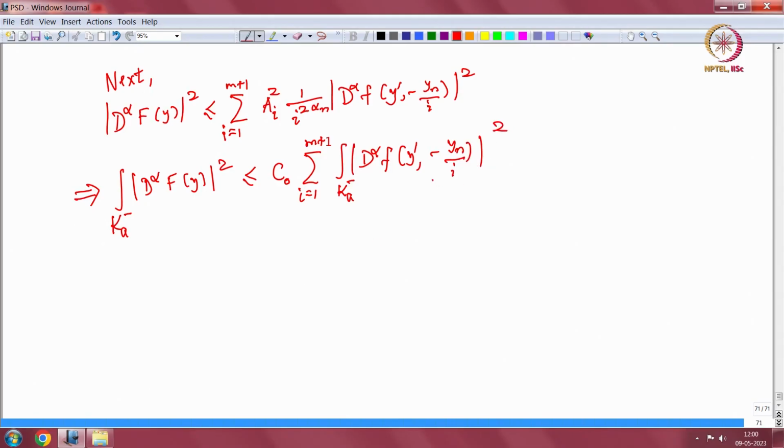And now you make the change of variable. So you call this something different. So this is just, I will put again C0 that I comes. Okay. So this integral, okay, too many things.